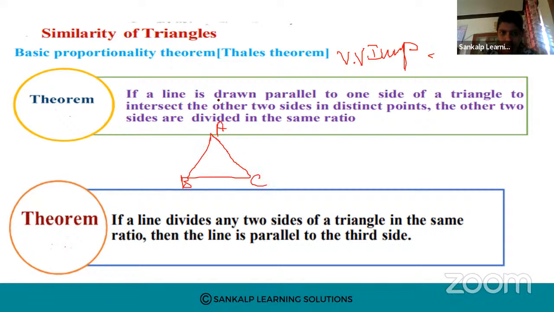If a line is drawn parallel to one side of a triangle, I am drawing one line parallel to BC. Call these points D and E. DE is a line drawn parallel to BC.